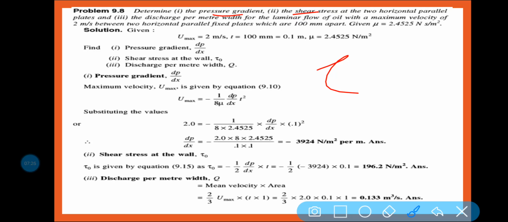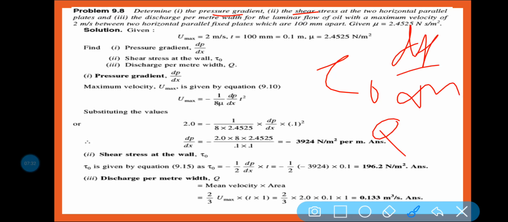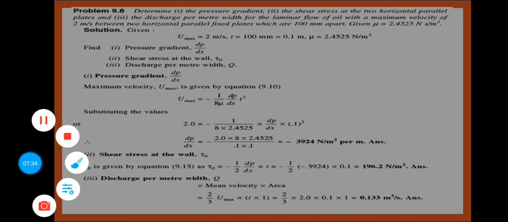So you have to calculate the tau naught, you have to calculate dp by dx, you have to calculate the discharge. So here let us see.